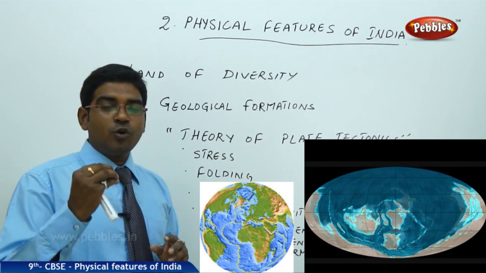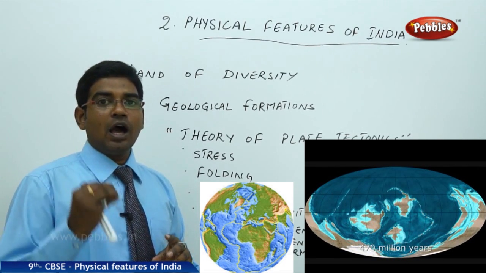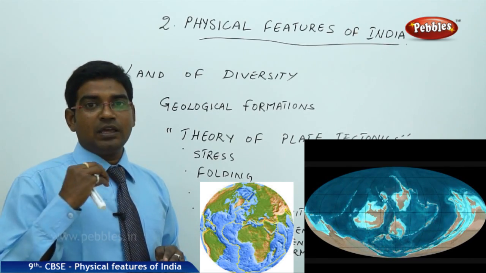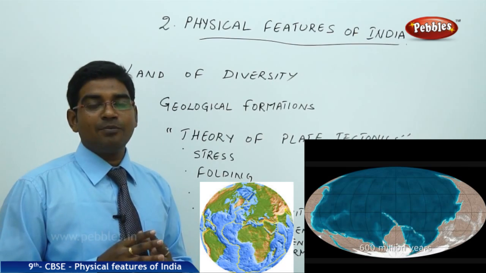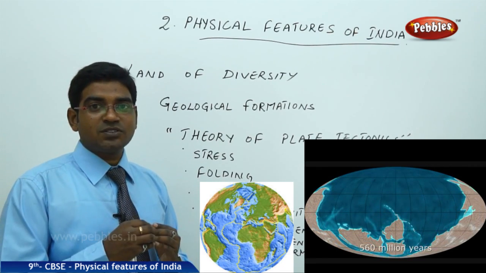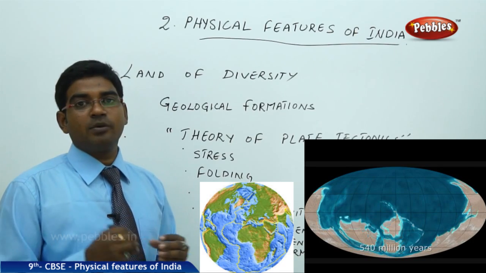Now, let us go into detail to understand how the different landforms of India came into existence, especially the remarkable land boundary of India, the Himalayas, which stretch over more than 5 lakh square kilometers.